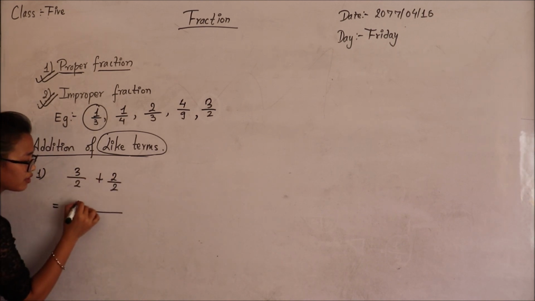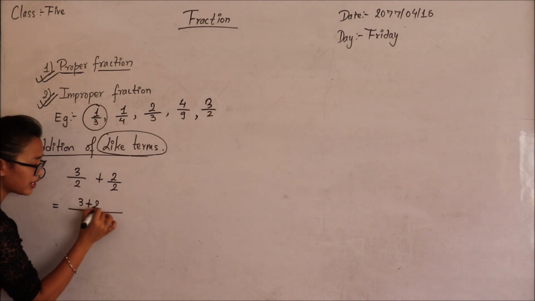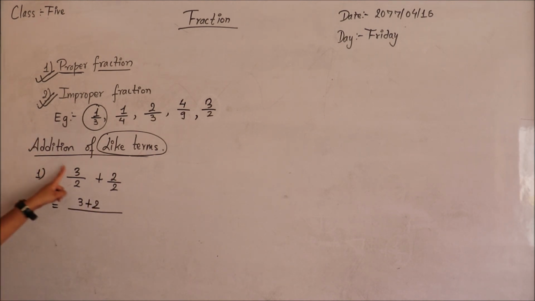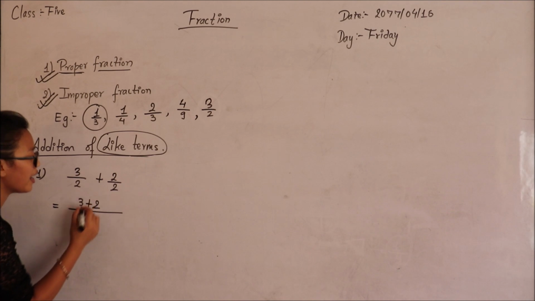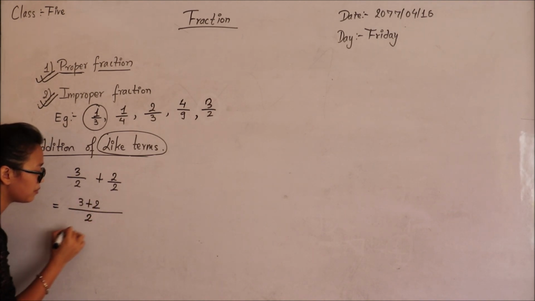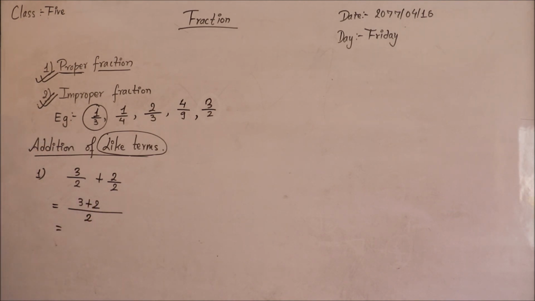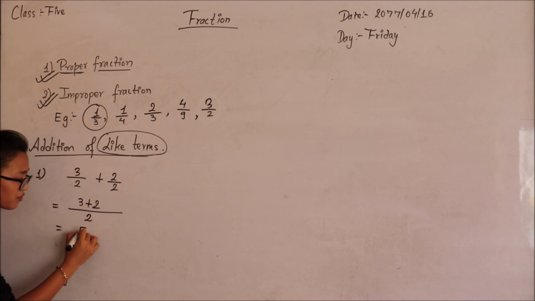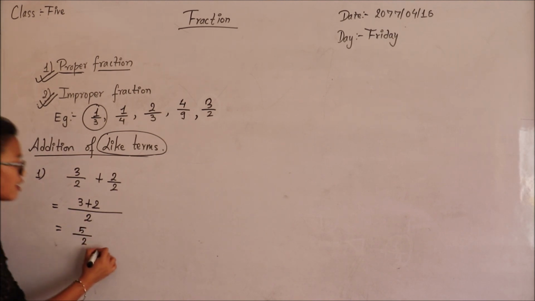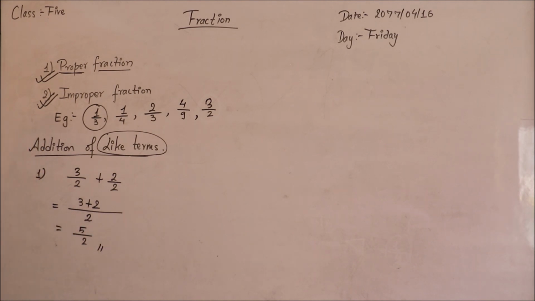Sum of the numerators divided by the same denominator. So what would be the answer? 3 plus 2 is 5, and 2. And here is your answer.